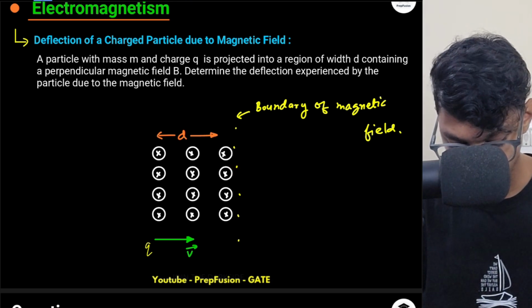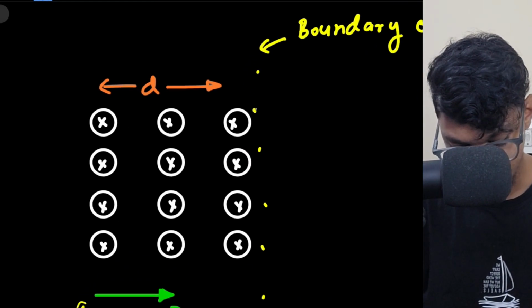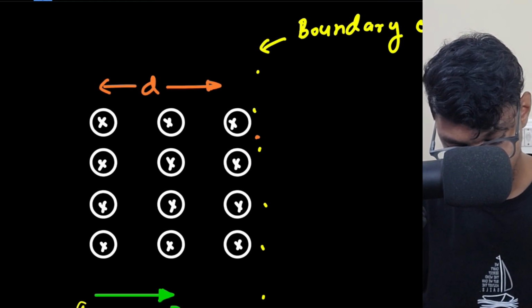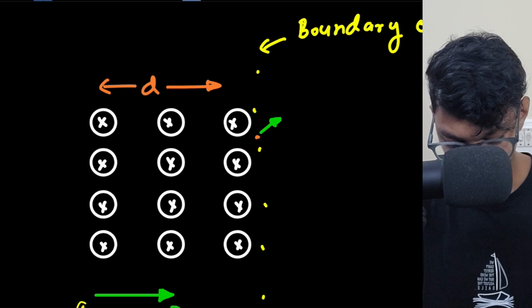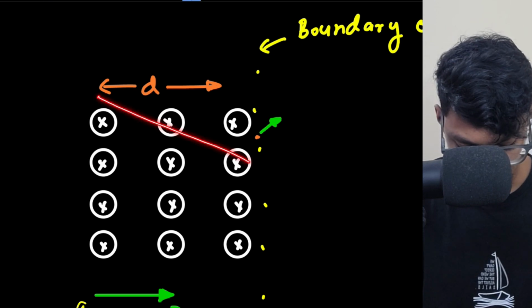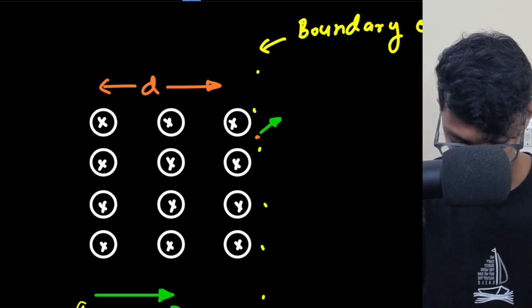The velocity of this particle, when it reaches this point, is in this direction. Why is it in this direction? Because this is the radius of curvature. The velocity will always be perpendicular to the radius of curvature.